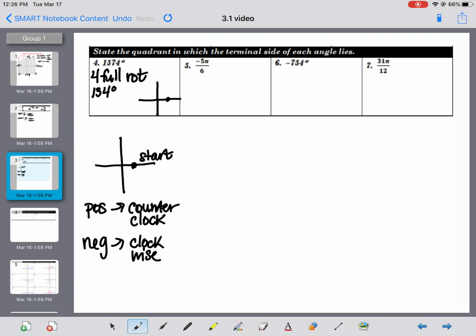My angle is over 90, but it is less than 180, which is over here. Okay. So putting in that line without an arrow, that's my terminal side. The curved line with the arrow, that's indicating my angle rotation. So 1,574 degrees would be in quadrant 2.